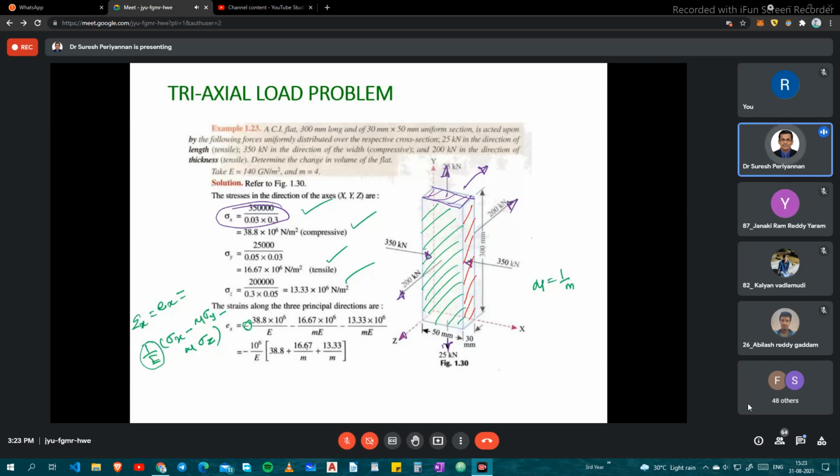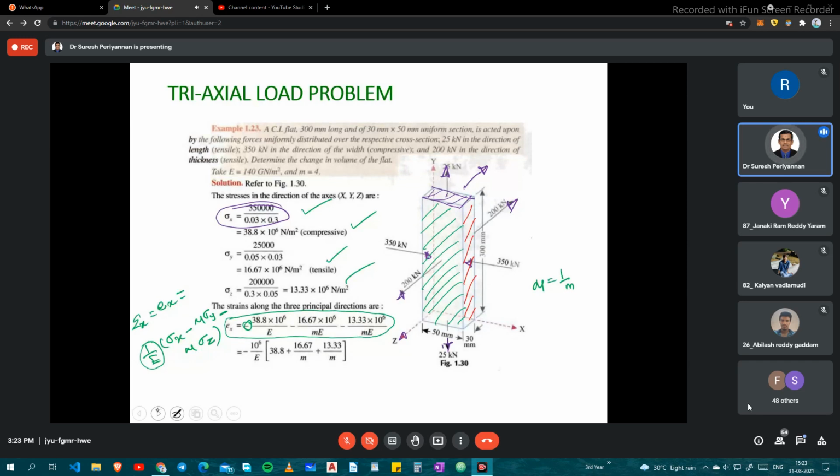In the y direction it's tensile, so the sign won't change, and in the z direction again tensile, the sign won't change. Then this is the strain component with respect to x, the principal direction.